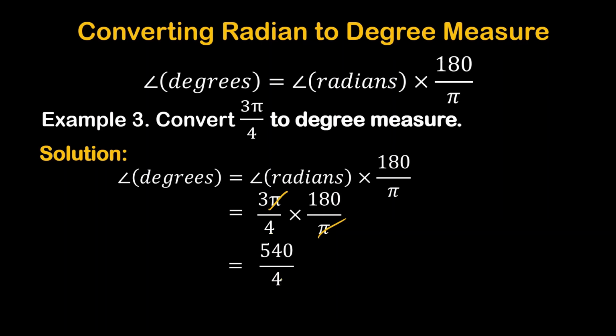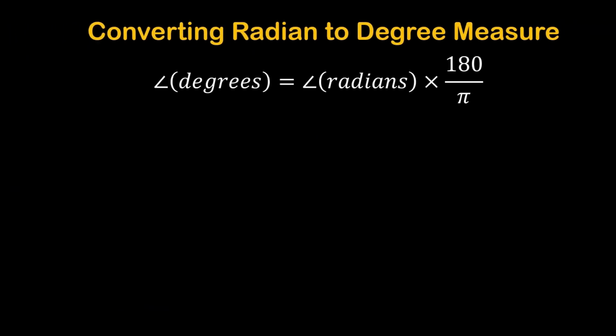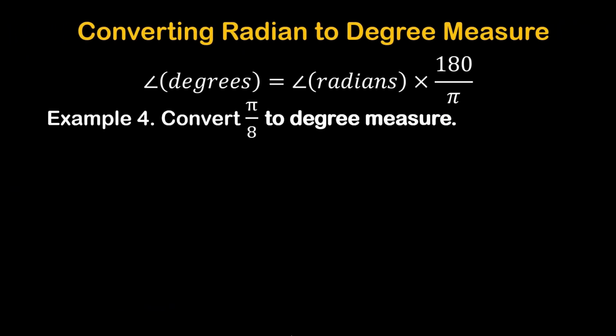So dito, if we are going to divide 540 by 4, that is equal to 135 degrees. So that means si 3 pi over 4 radian is equal to 135 degrees. So that's the answer for example number 3. Now let's proceed to our next example.